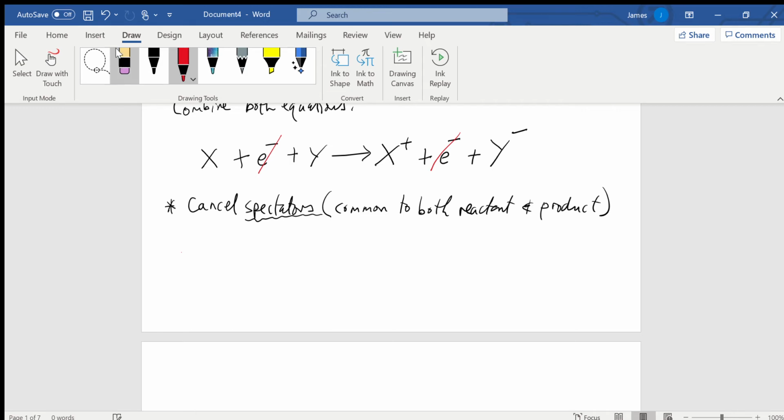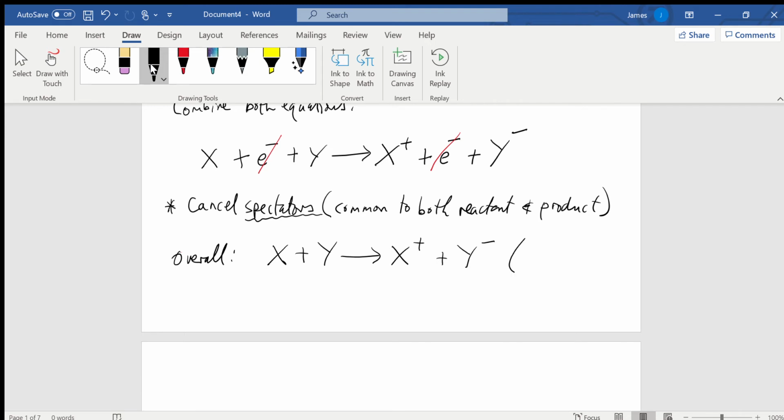So the net effect, or the net equation, overall, we have X plus Y to give X plus and Y minus. So that would be the net expression. You can see that our electron exchange process had to happen at the same time. The electron that was lost had to go somewhere, it had to go into the other element. So again, you cannot have reduction without oxidation.